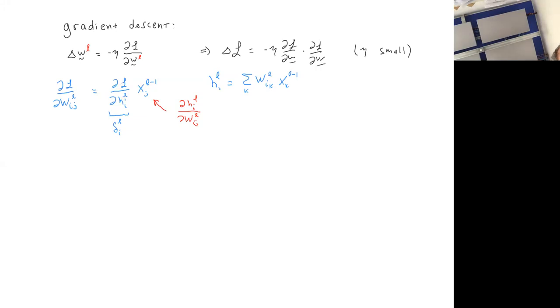We're going to write delta_i^L equal to the partial of L with respect to h_i^L, of course.